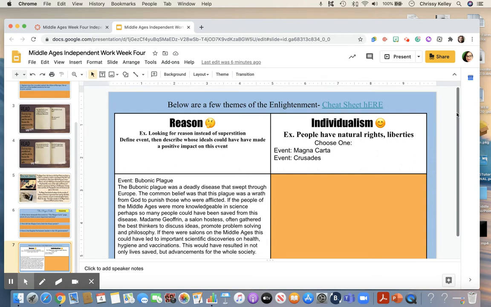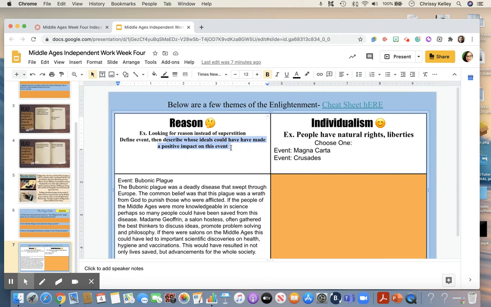present. So, for example, the theme individualism means people have natural rights and liberties. And remember, I gave you an example on last week's assignment with serfs. Now, in history, when you look at this event, what you're going to do is describe this event. I'm going to move this over here so it's a little bit easier for you to see.